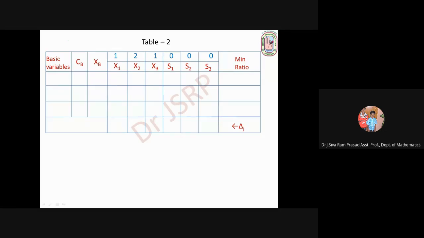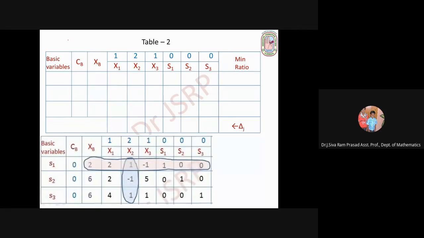You need not use a scale. You draw a rough table. You can draw the table roughly. You need not use a scale, etc. Okay, right. So this is the previous table.